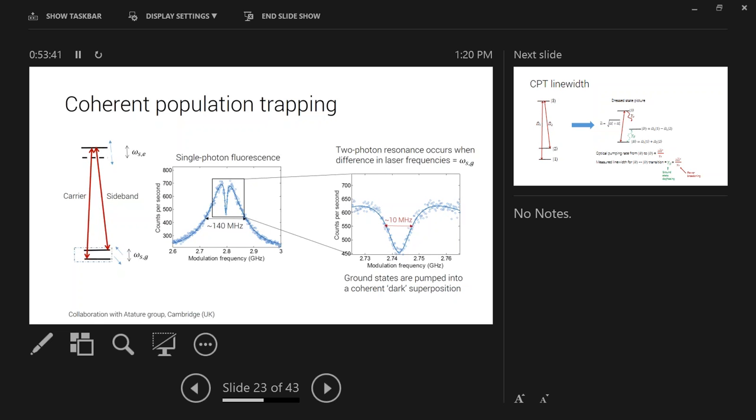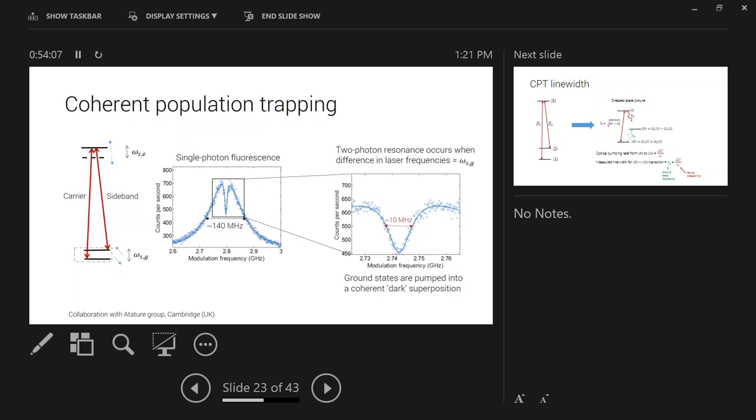So essentially, the excitation from this laser destructively interferes with the excitation from the second laser, and you get this dark state in between, which doesn't respond to light at all. And the line width of this dip is indicative of the coherence of the two ground states. And that's the key thing that you should look out for. This line width is what's going to determine the spin coherence.